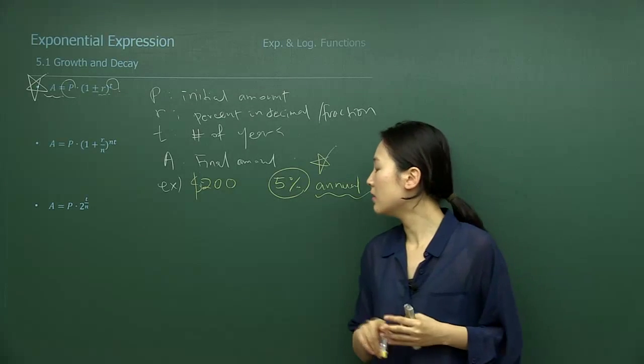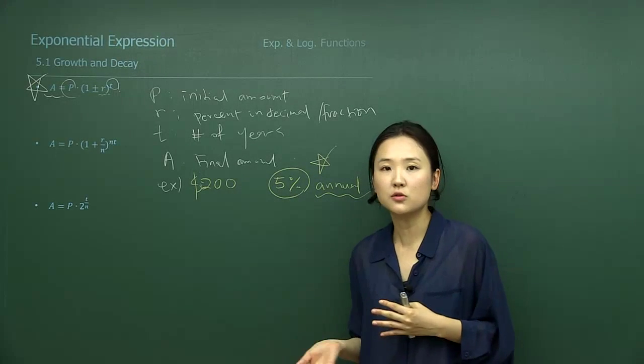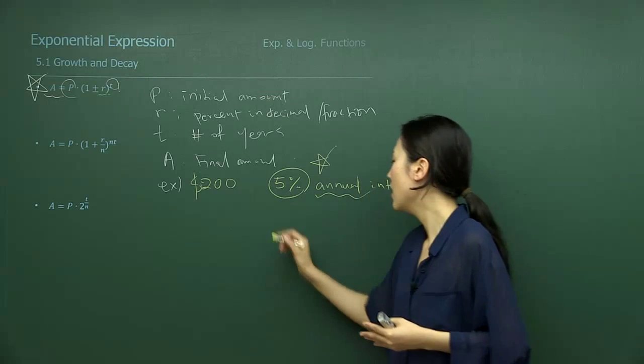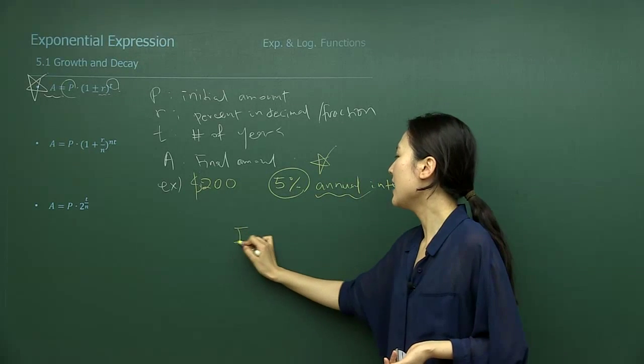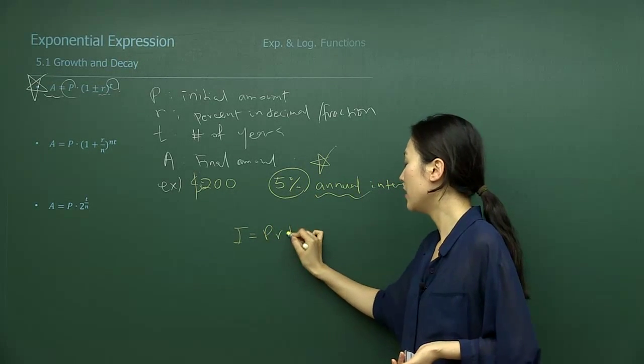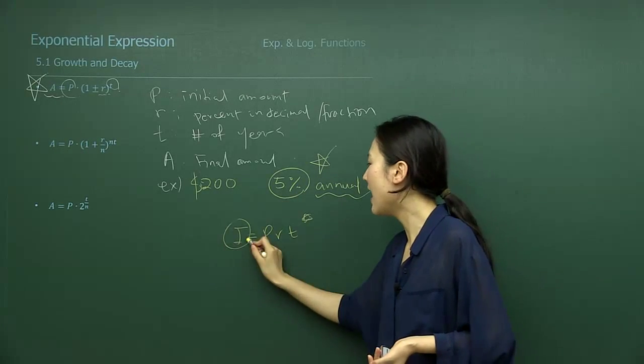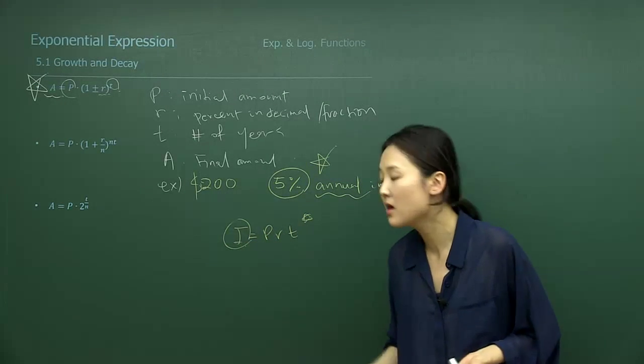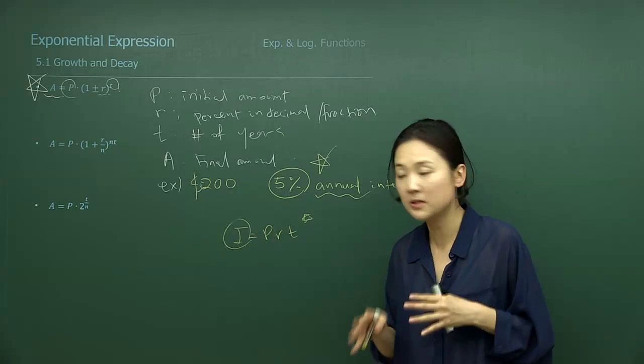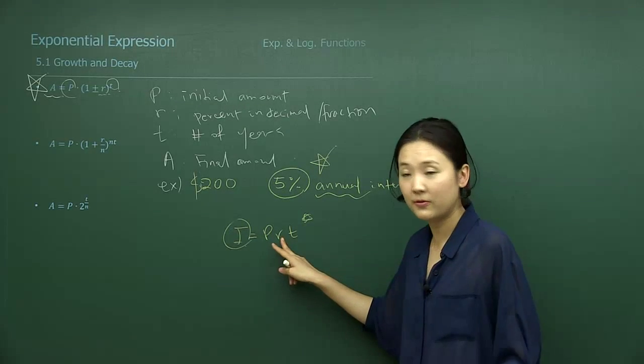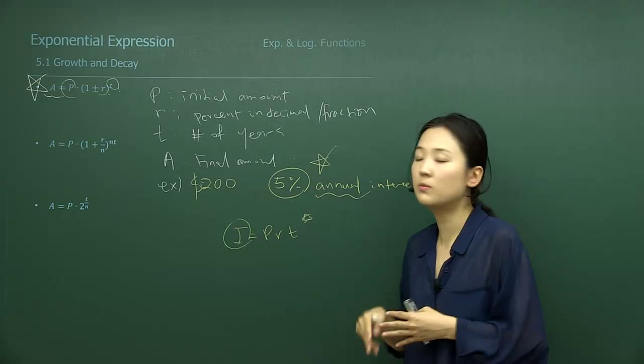Most students do learn about simple interest in middle school or elementary school. The formula says I equals P R T. Ring any bell? Where I is the interest, P the initial amount, the principal, R the rate in fraction or decimal, and T the number of years.